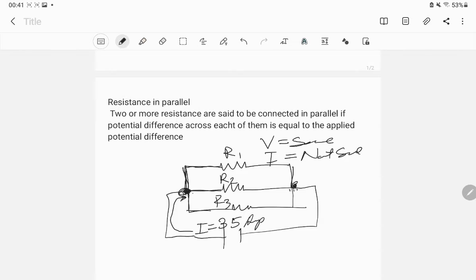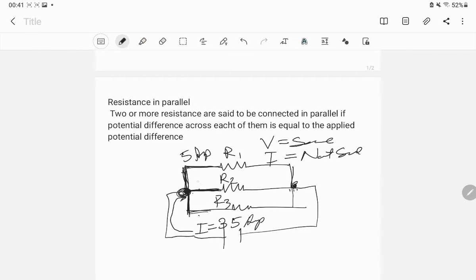At this junction we have three routes. Let's say in the first case 5 ampere flows, and the total is 35, so we have 30 left.